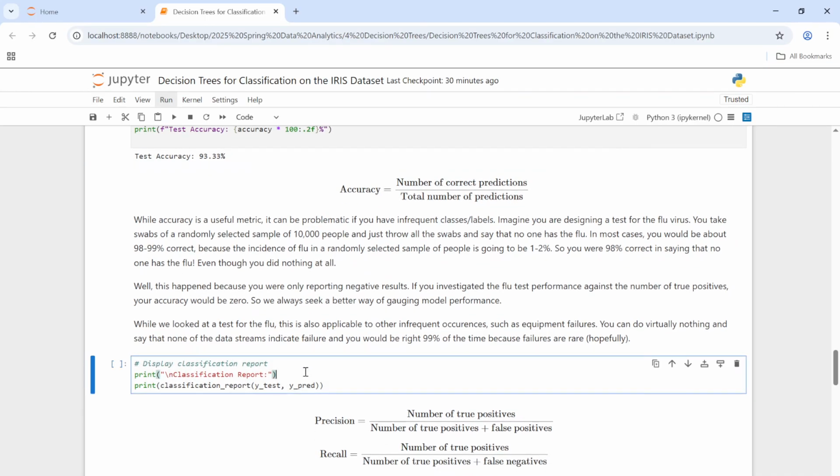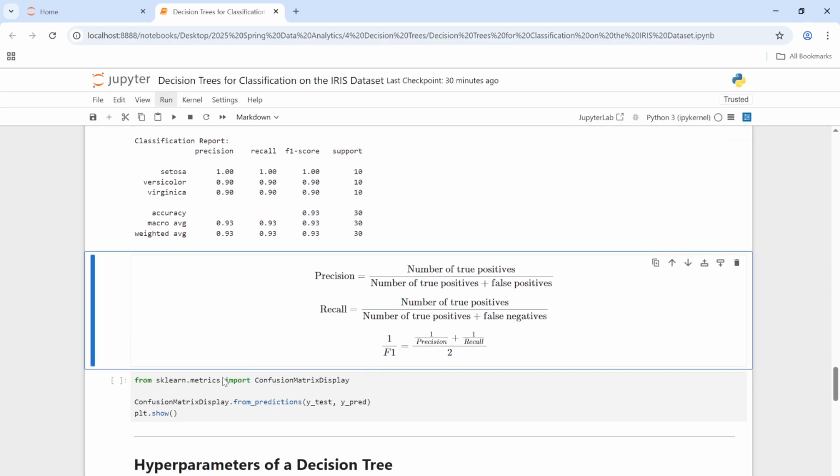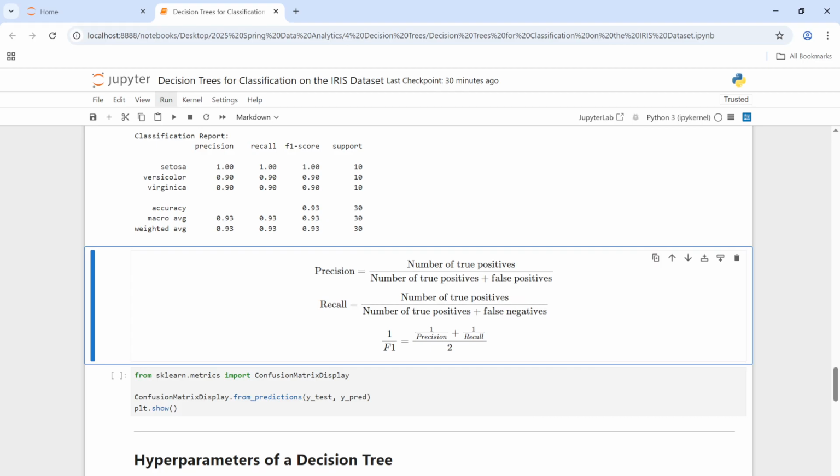So we'll look at the confusion matrix and the classification report, and you can see that the precision and recall associated with the different species is relatively high, and so is the F1 score. But the size of the data set is relatively small.